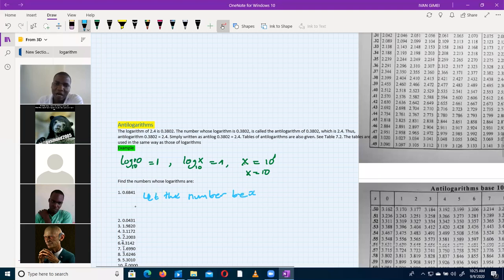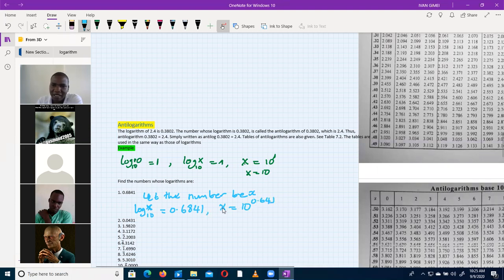So that means that we shall have the logarithm of the number to base 10 has to be the same as 0.6841. That means that my x will be the same as 10 to the power of 0.6841.